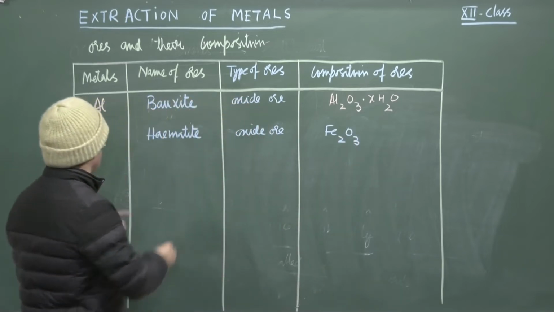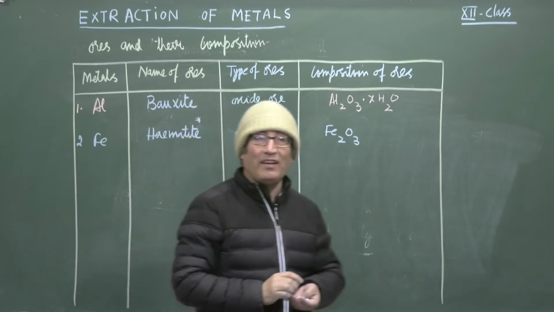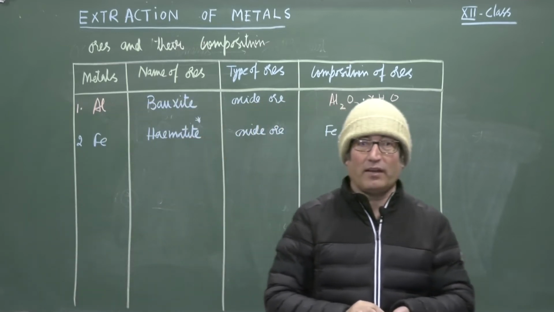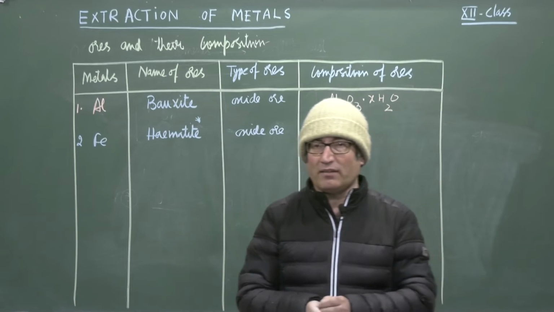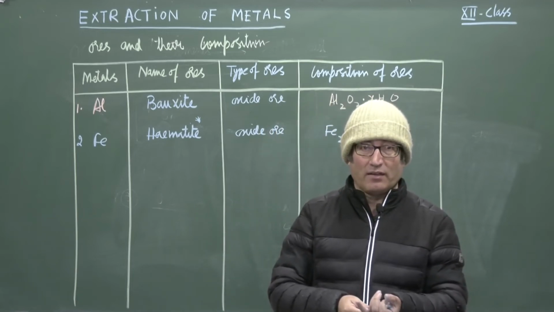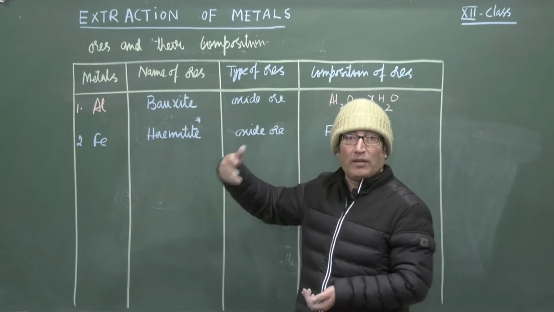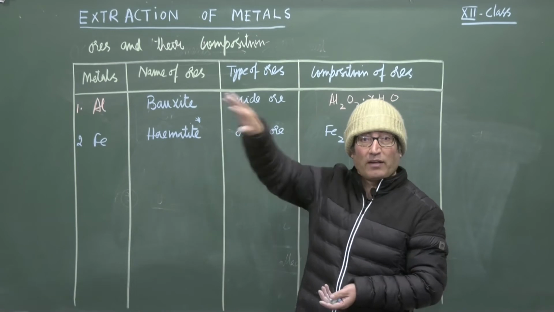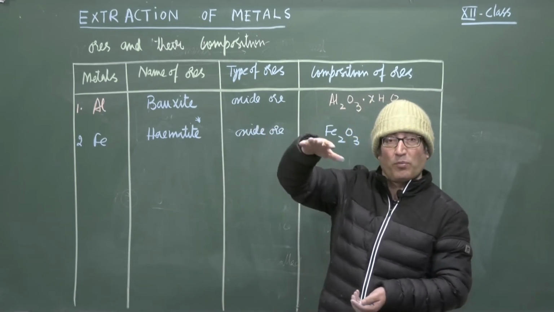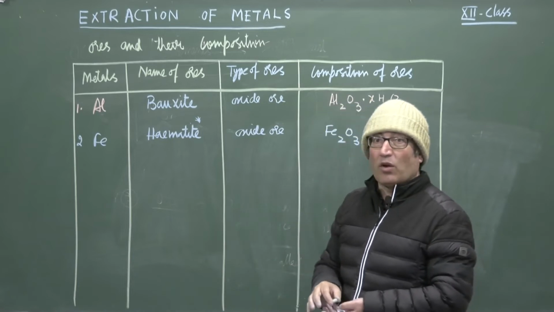This one will be used for extracting the different commercial varieties of iron. Three principal varieties are cast iron, which will be extracted from this hematite ore. Then cast iron is purified and converted into a more pure form of iron, which is wrought iron.